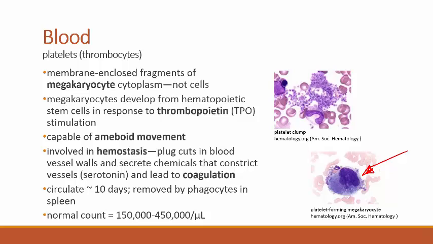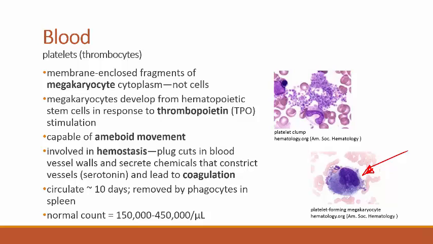They develop from the hematopoietic stem cell in response to, you've got to believe it, a hormone. The hormone's called thrombopoietin. So you can think of it as like erythropoietin was the hormone that stimulated the production of red blood cells. Well, thrombopoietin is the hormone that stimulates the production of the megakaryocytes.